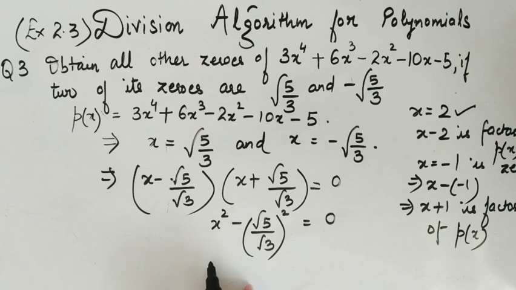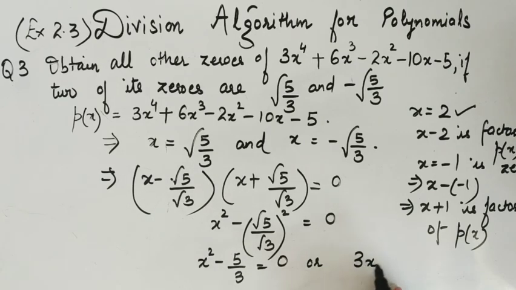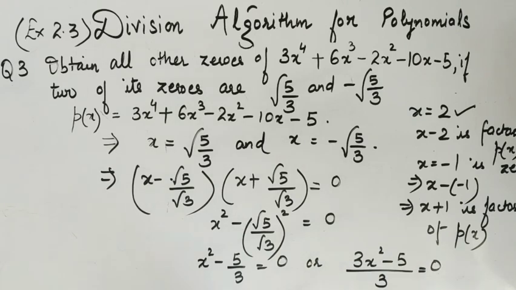Further if you simplify, this becomes x square minus 5 by 3 is 0, or it is 3x square minus 5 by 3 equals 0. What can we further do? It can be written as 3x square minus 5 equals 0, because this 3 which was in the denominator, when it goes there, it becomes 0.